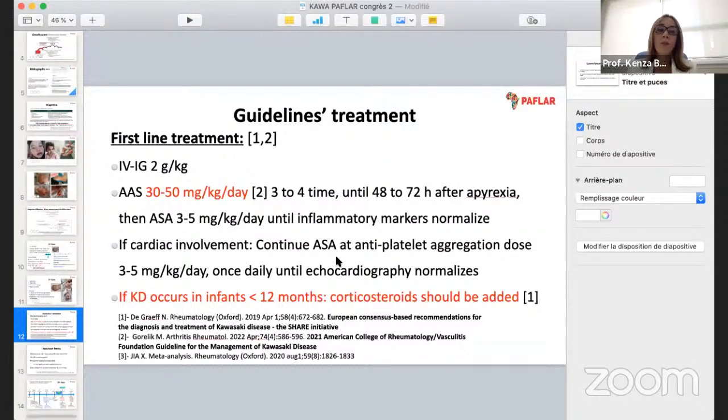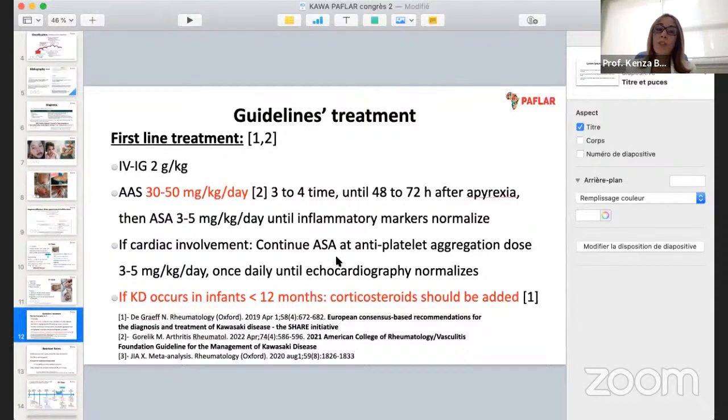Cette recommandation vient à la lumière d'un travail de méta-analyse publié en 2020 sur rhumatologie, où les auteurs ont recherché tous les articles parus avant 2019 et qui contenaient des maladies de Kawasaki traitées par aspirine, quelle qu'en soit la dose.